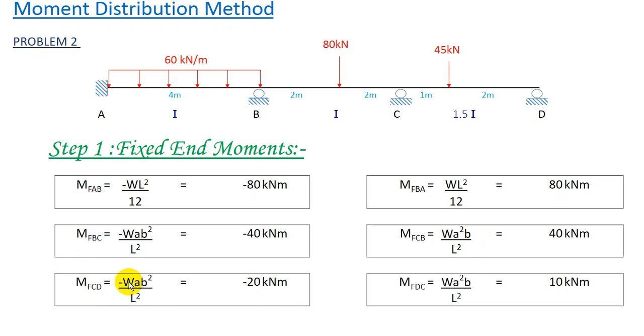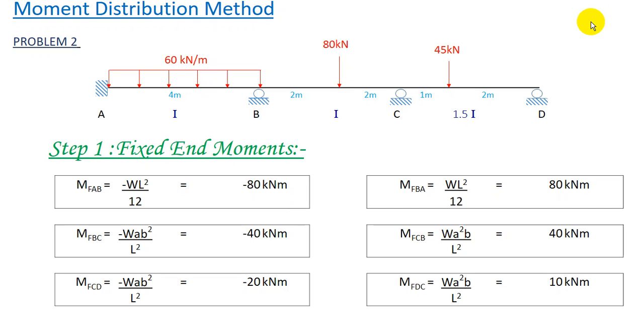MFCD is minus WAB square by L square, which is again for a point load acting at a distance A from support, where A is 1 meter, B is 2 meters, W is 45, and L is 1 plus 2, 3. So MFCD is equal to minus 20 kilonewton meter.